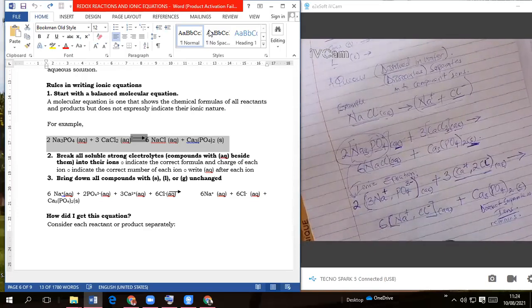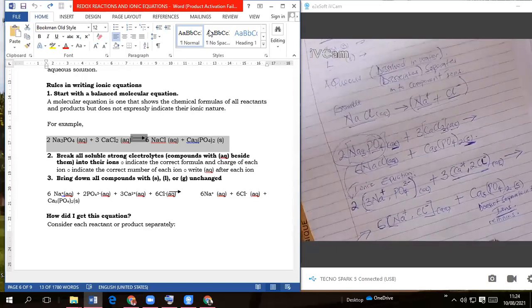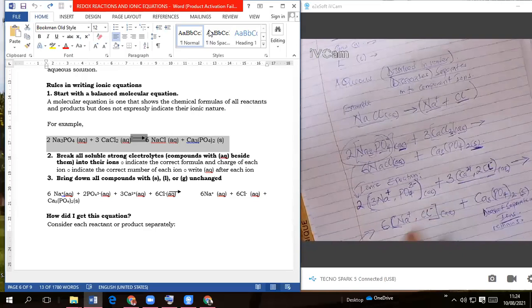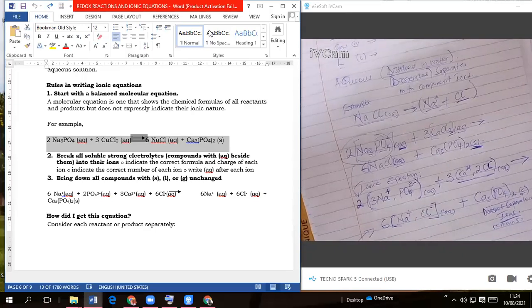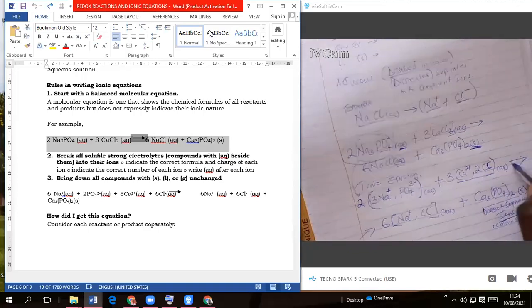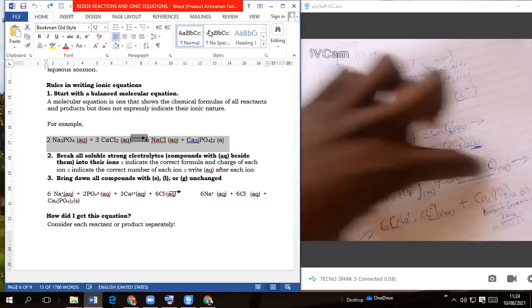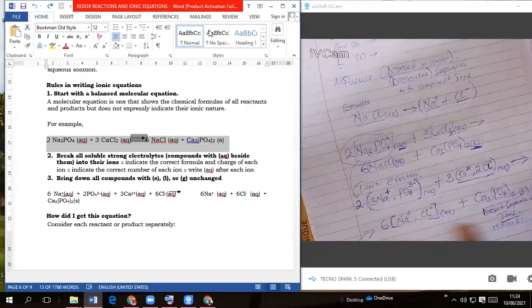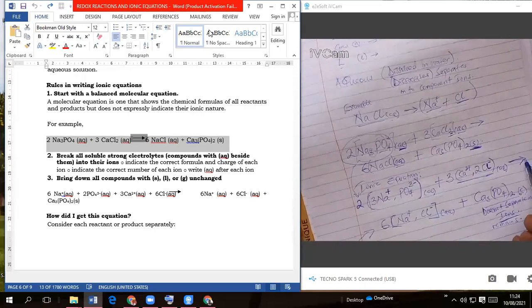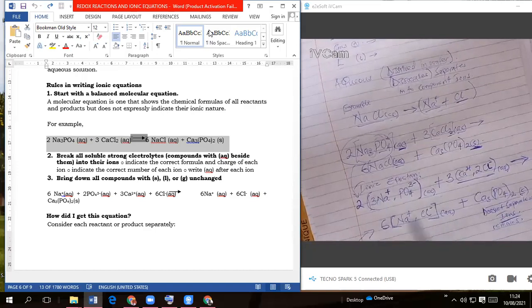We have derived our ions. So how do we know what to remove from here? Check what is on the left-hand side of the arrow; it must balance with what is on the right-hand side of the arrow. Whatever is this side must balance this side.